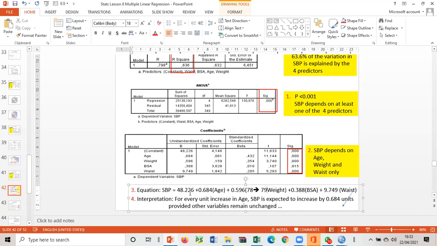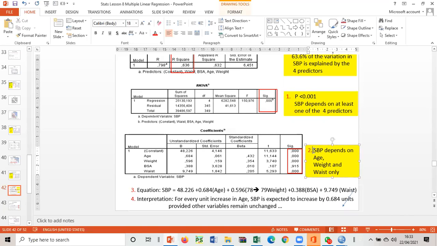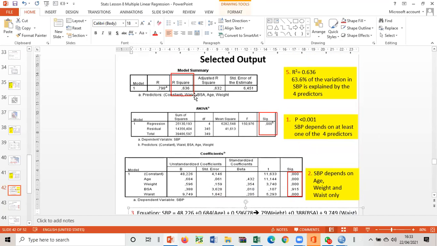Is BP expected to increase by this much? Yes, if others remain constant. Right. That's how I explain, provided others remain unchanged. So number 1, number 2, number 3, write the equation. Number 4, interpret. And number 5, R squared.